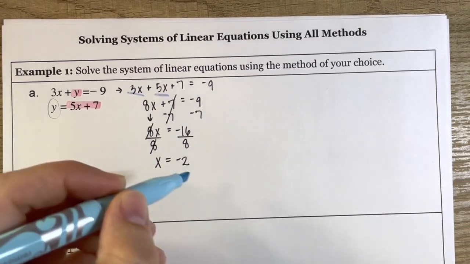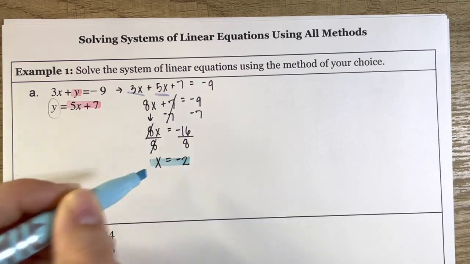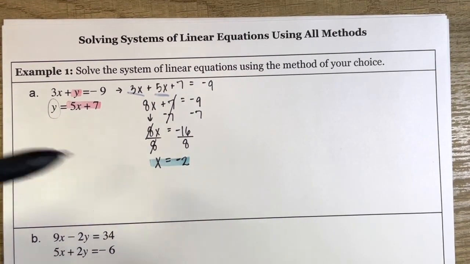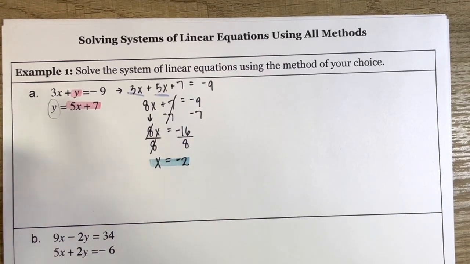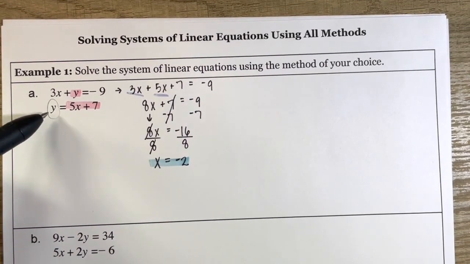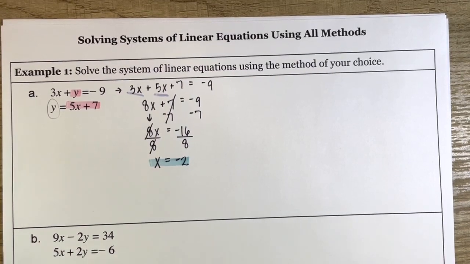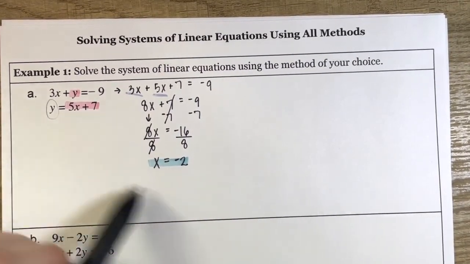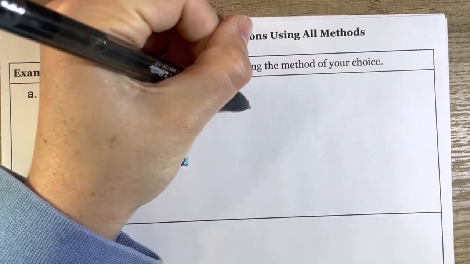So we figured out what x is. Now we can use that x to help us figure out what y is. So I can take that x and I can plug it into one of the two original equations. It doesn't matter which one, so just pick the one that you feel is easier for you. I feel like the second one is going to be easier because it already has y by itself. So when we go to solve and simplify, it'll be a little bit faster. So I'm going to rewrite this equation just on this side.